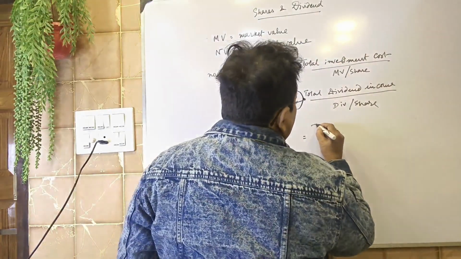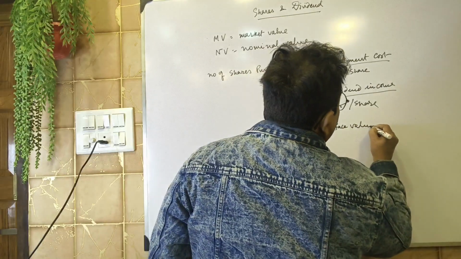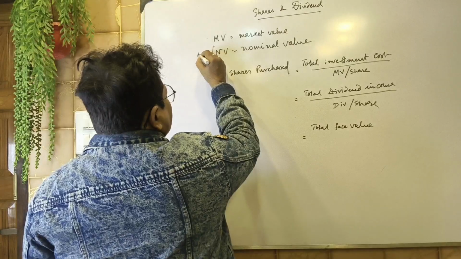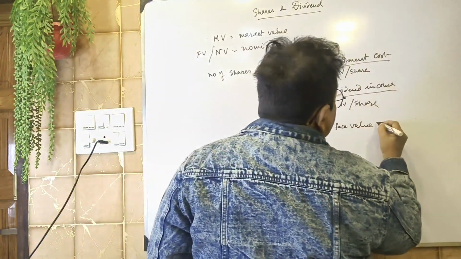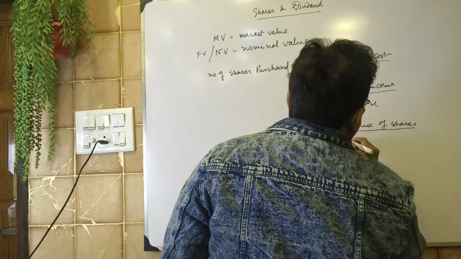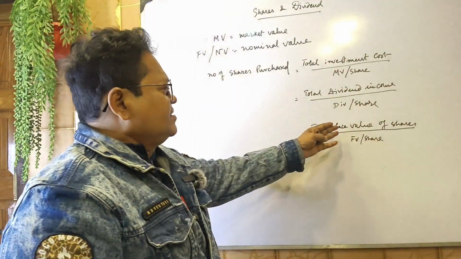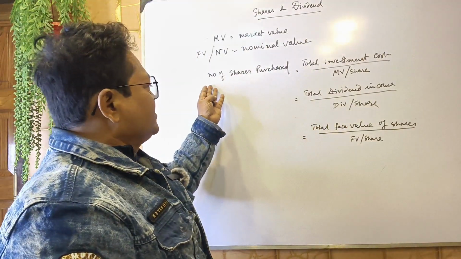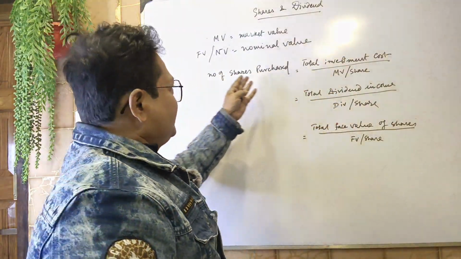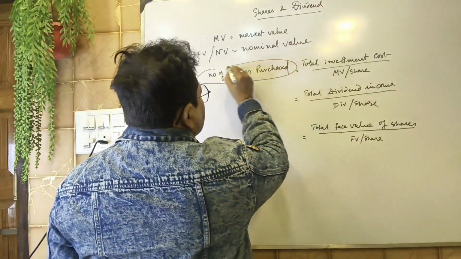That is, total face value of shares divided by face value per share. Nominal value means the face value. So if these two pieces of information are given, you will get this relationship, the number of shares purchased.